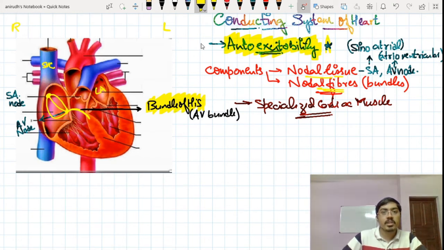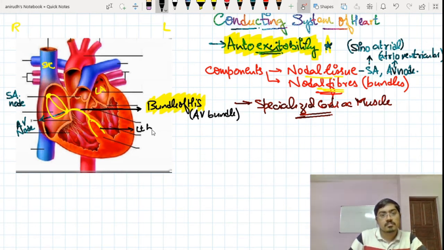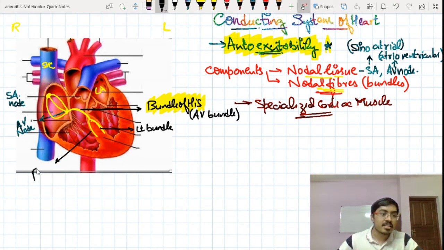So from the AV node, the bundle of His arises, and it goes all the way to the tip of the interventricular septum. Then it divides into two bundles, one on the right side and one on the left side. This is my left bundle, and this is my right bundle.